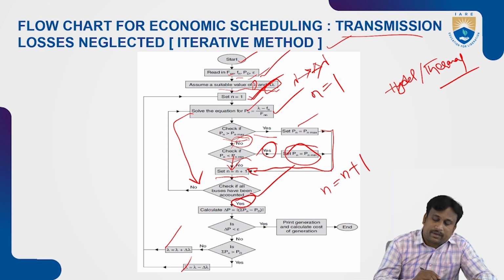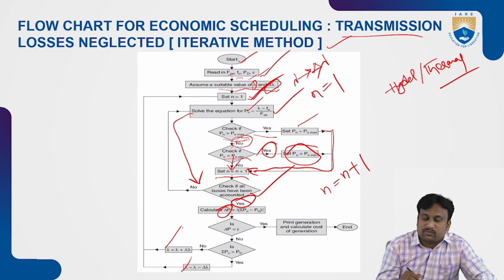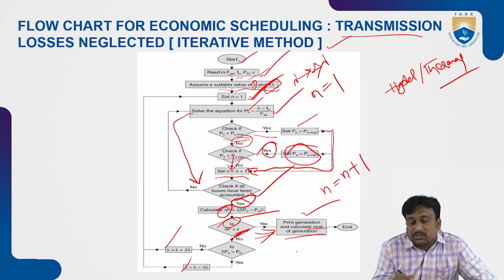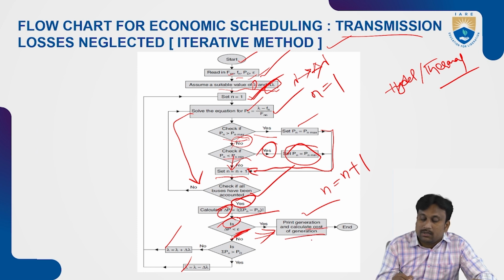If yes, calculate the value of delta P, as we already saw, that is the summation of Pn minus Pd. If delta P is less than epsilon, then we say yes. Then print the generation and calculate the cost of the generation. By this the process ends.